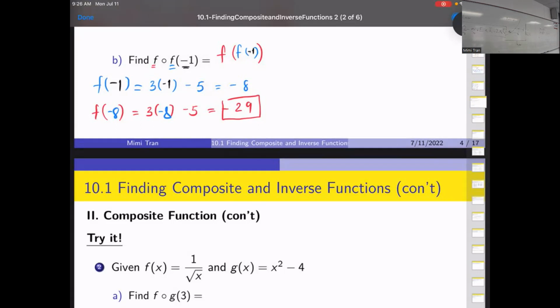G3. Good, very good. Yes. There's a lot.